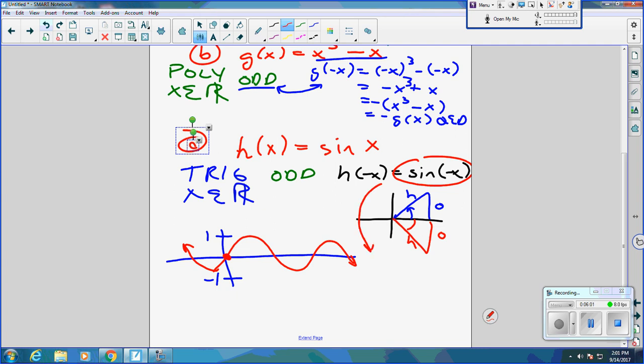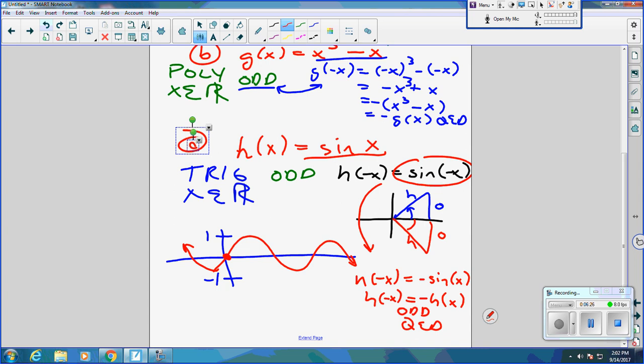It has an equivalent value, which is written this way. Oh, look at that. And everybody, h of x is sine x, so negative sine x. So this is negative h of x. And is that an odd? That is an odd. Thus odd, QED.